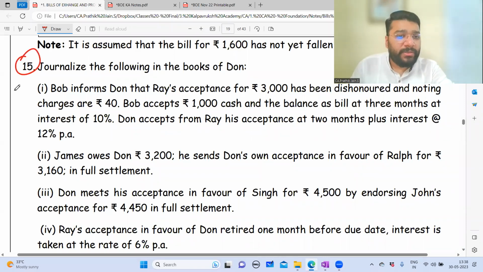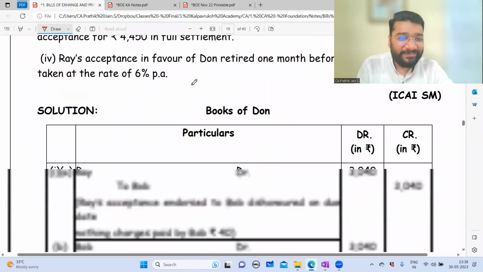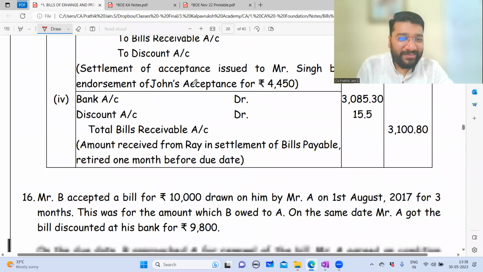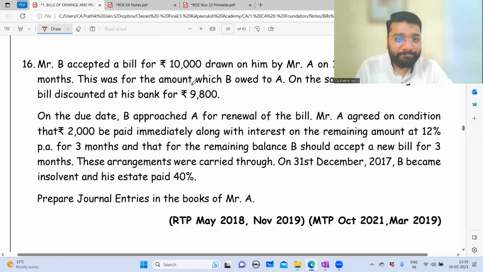Now, 15th question is homework. I think this is similar to the question we already did in the 4th question, the Katrak question. 16th question, what do you want to do? It's an RTP and MTP question.